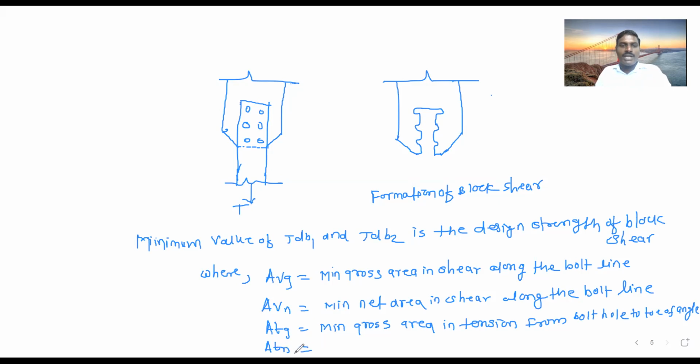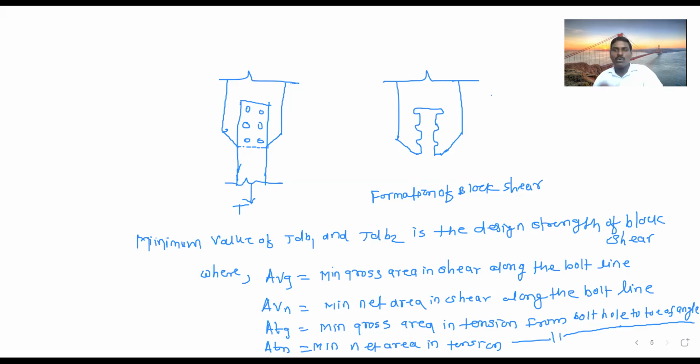And next, number 4 area is the ATN. ATN is the minimum net area in tension from bolt hole to the toe of the angle.